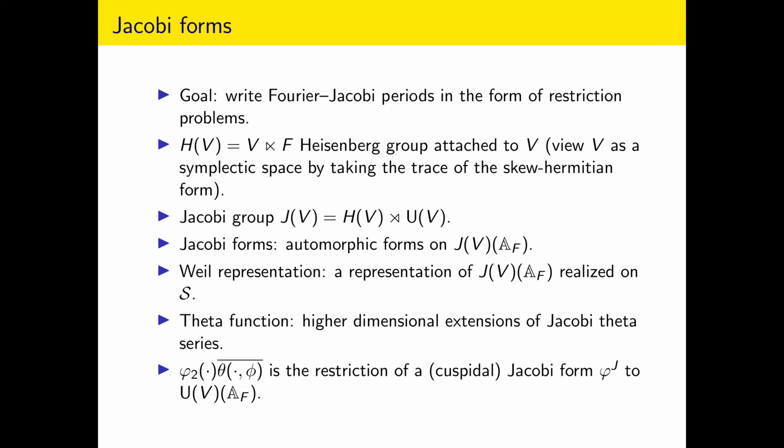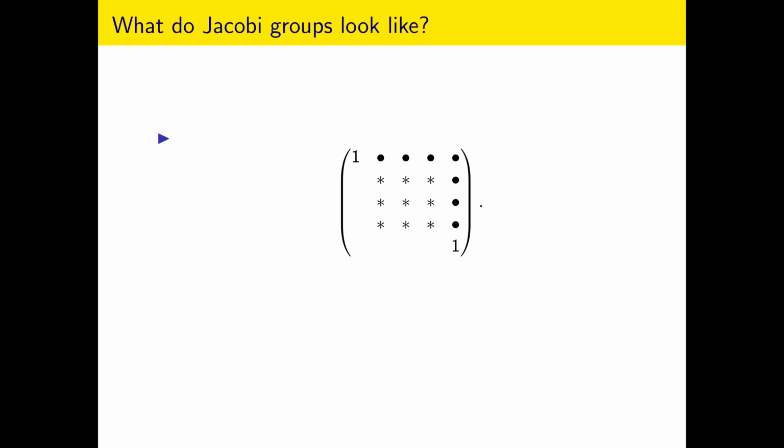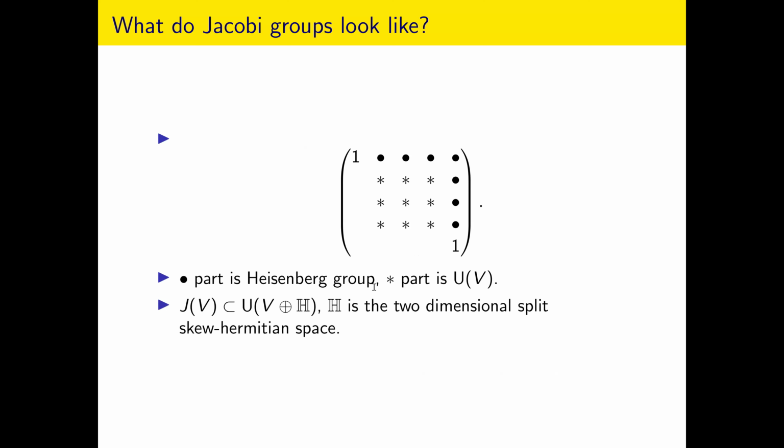So this is probably not something that everyone is familiar with. So let's take a more intuitive look at what the Jacobi group looks like. I like matrices, and if you write down everything in terms of a matrix, it's like this. So we had the unitary group U(V), and the Jacobi group sits in a bigger unitary group.